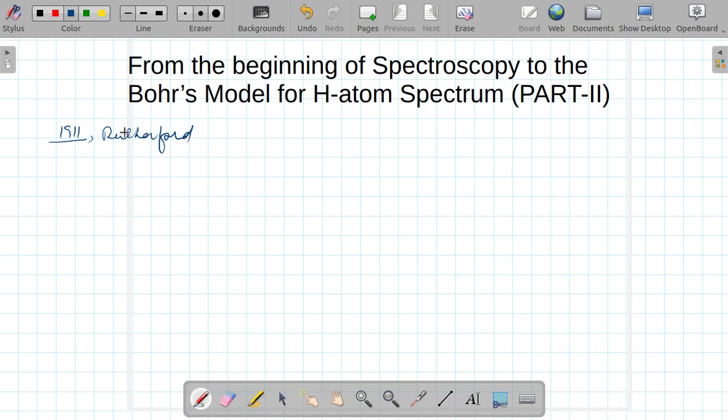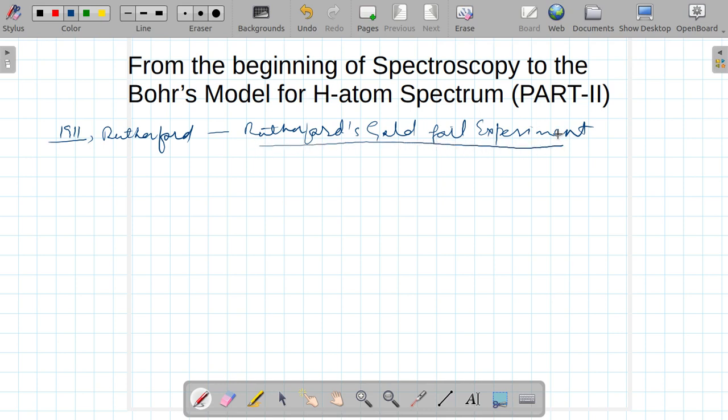So in 1911, Rutherford performed an experiment, and that experiment is known as the Rutherford gold foil experiment. And on the basis of this experiment, Rutherford tried to explain the structure of the atom.